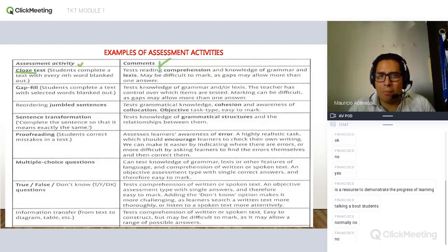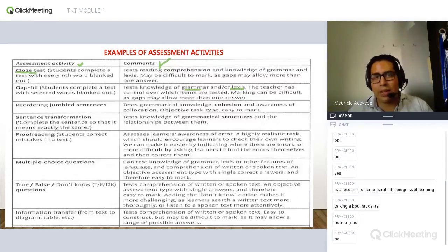So what are the comments? What does this really evaluate? Test knowledge of grammar and/or lexis. So we have only two things, grammar and lexis. No comprehension really. The teacher has control over which items are tested. Marking can be difficult as gaps may allow more than one answer. Yes, in the same one, for example, in a song, you can confuse your students. You can tell them this word might be written twice, but it's just written once.